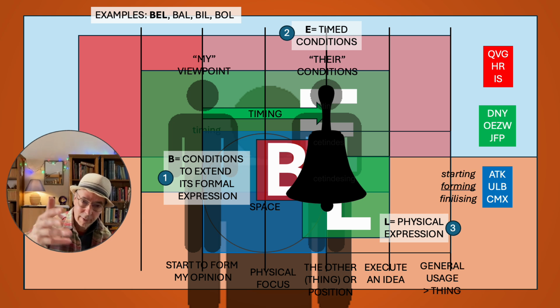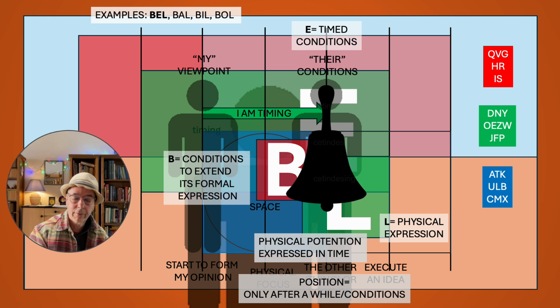It's timed because of E, and it's timed because of B in certain conditions, and these conditions will also be shown via its physical expression in L. That's what the BEL is about, and that's what the focus of the BEL is. Very simple, and actually very clearly correct for what it is used for.